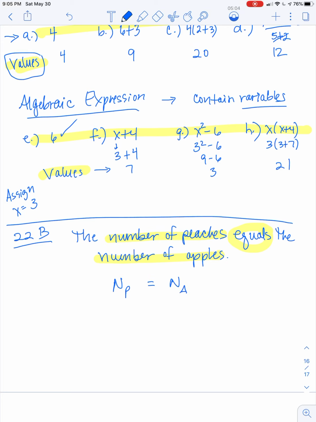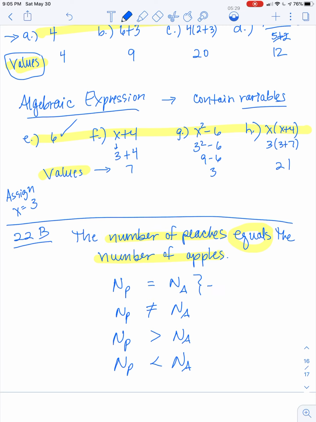If the statement said the number of peaches is not equal to the number of apples, well, then we would write this, not equal. If it said the number of peaches is greater than the number of apples, then we would use the greater than sign. And then also we could consider that the number of peaches is less than the number of apples, and we would write the less than sign.